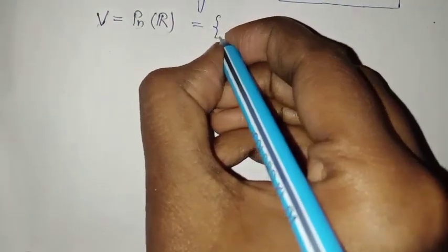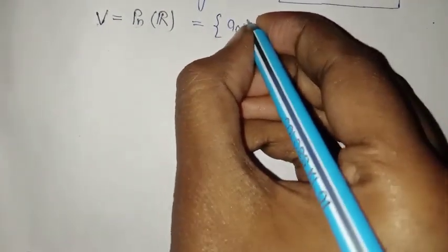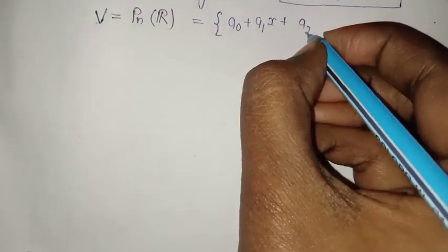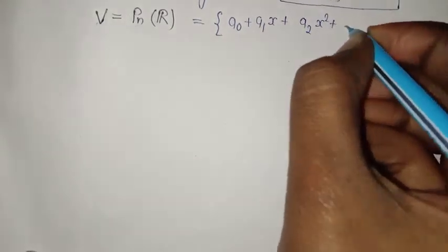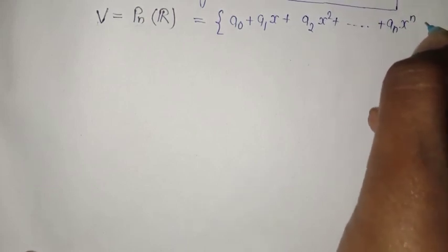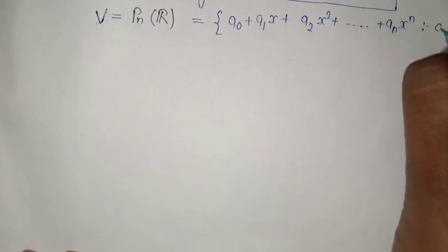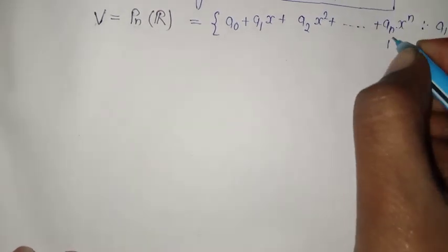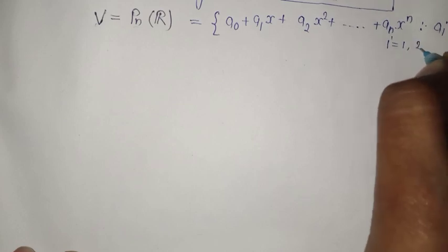So this type of element will be there: a0 plus a1x plus a2x squared plus and so on plus an x to the power n, such that all the ai's belong to R, where i runs from 0 to n.